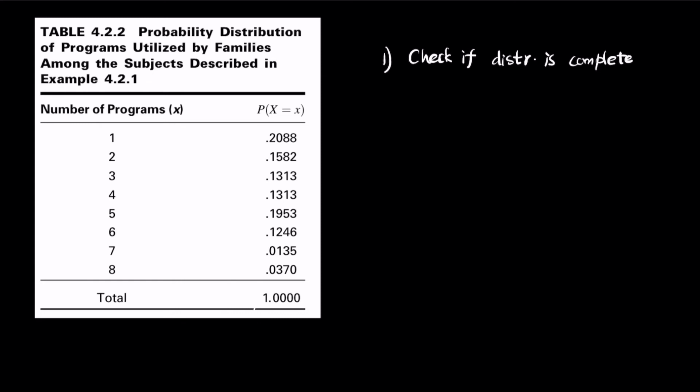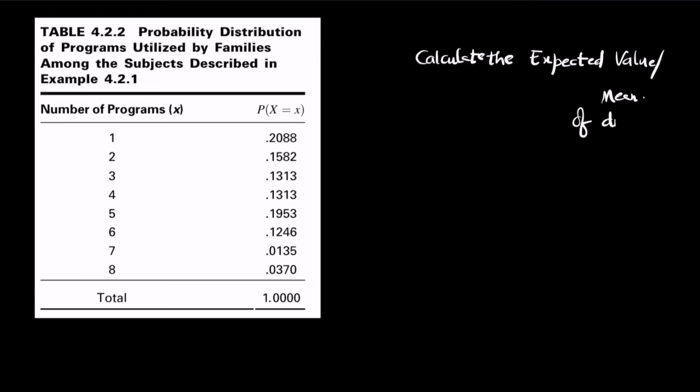It's already given as 1, so you don't need to do it again. Now the second thing is to calculate the expected value or the mean of the distribution.